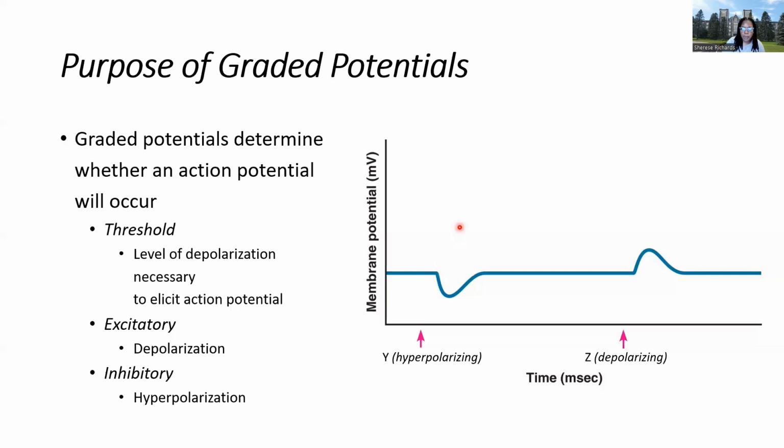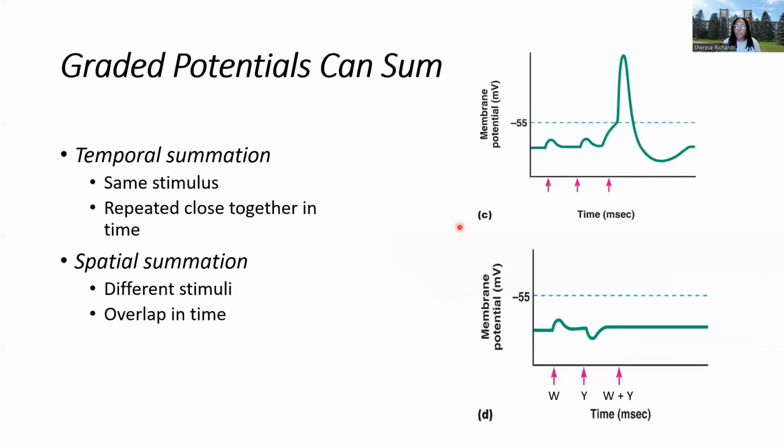So think about the type of graded potential and its direction away from that resting value. The other piece here is that we can sum these graded potentials. We can have temporal summation, which is if you have the same stimulus repeated close together in time. So this is at the same spot on the neuron, right? So if we think about our neuron that we just drew, we had different synapses happening on the soma.